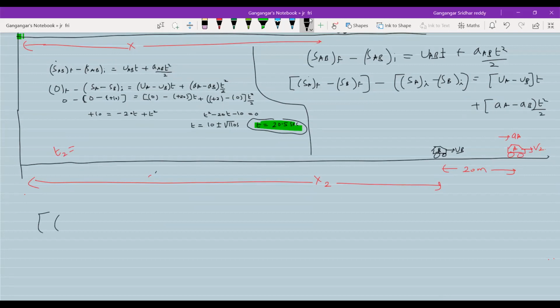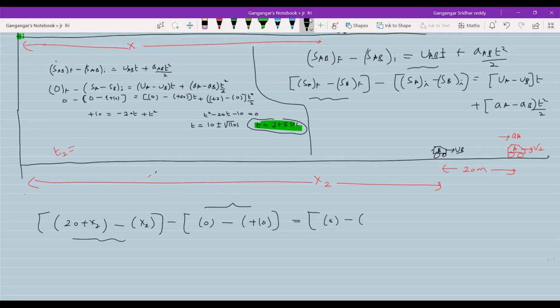So if you go for the initial first part of the problem, let me put all the things clearly. The first part of the bracket: SA initial will be 0, no? And finally, what happened? The car A was ahead of car B by 10 meter, which is equal to initial velocity of car A, 0, and that of car B. Finally it is 20 meter ahead.